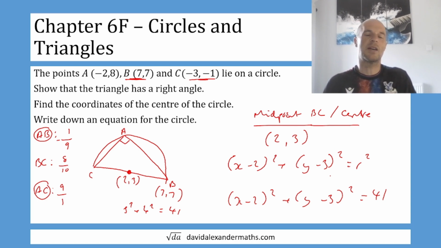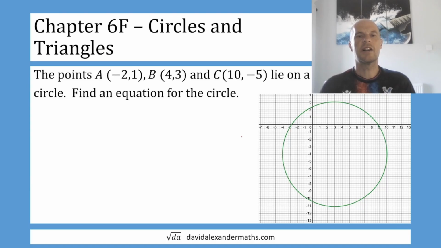When you're inexperienced, it's acceptable to square root it to work out the radius and then square that, but you realise you're taking the square root of something only to then square it. What's the point in that? So this number here is our r squared. Anyway, the equation of the circle is x take 2 squared plus y take 3 squared is 41.